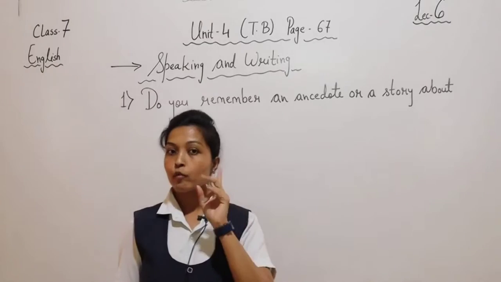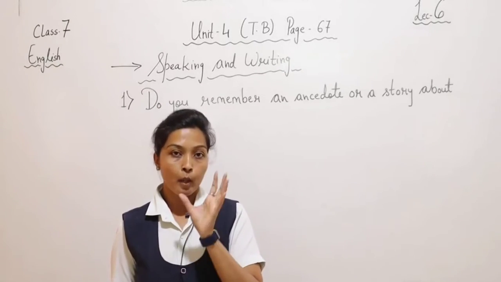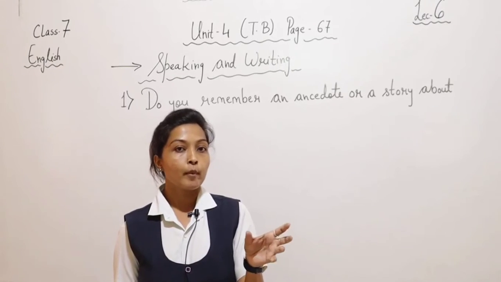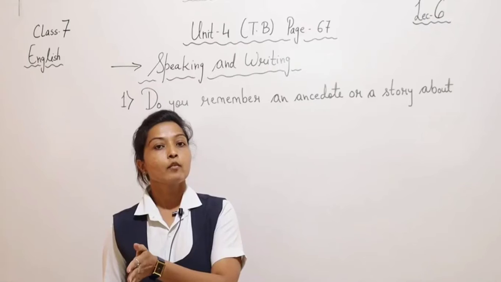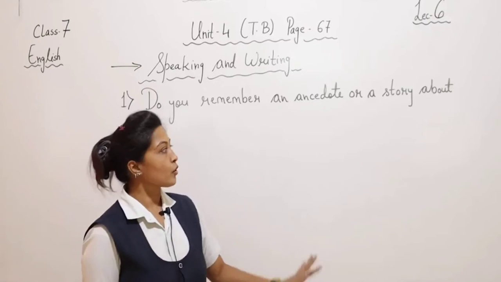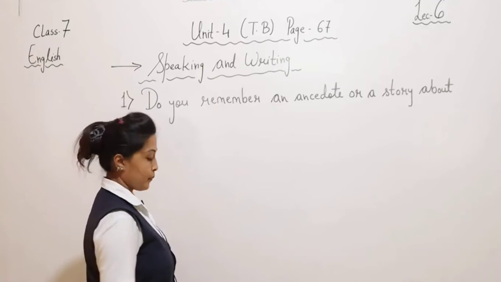In this chapter also we found that two old couples are there. One old couple is too kind hearted, too good one, and the another one is wicked couple. So this question is also related with our chapter.